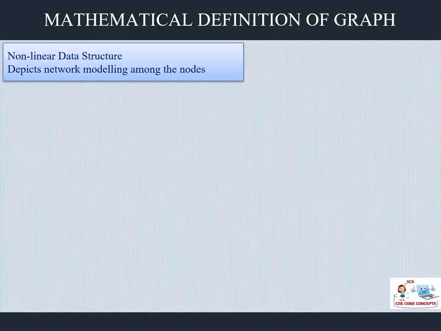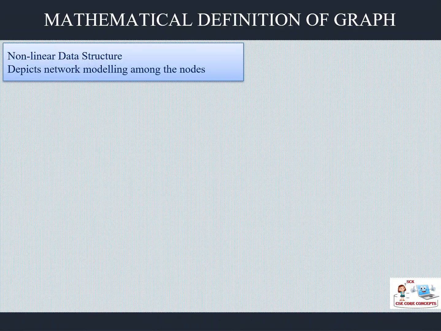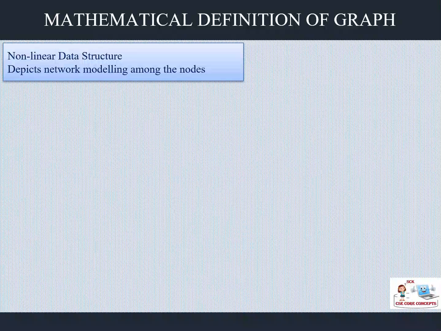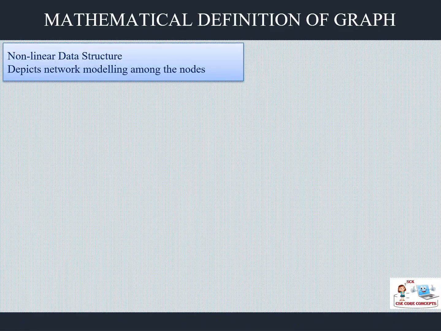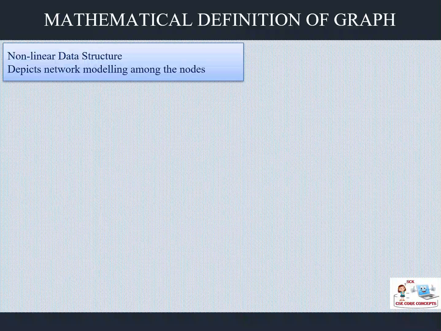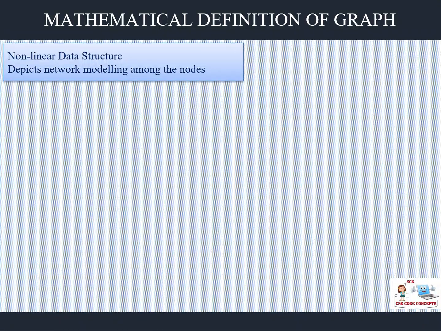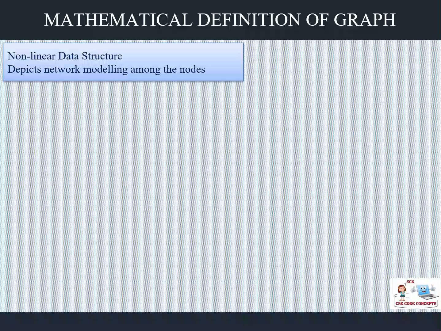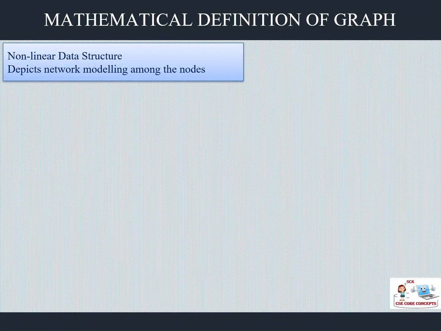Is it a hierarchical relationship? Of course not always, because it is server to client, but if there are multiple clients and you want to show the distribution of the network among the clients, then it is a network relationship. To depict this type of relationship, a network type of structure, you want a graph.